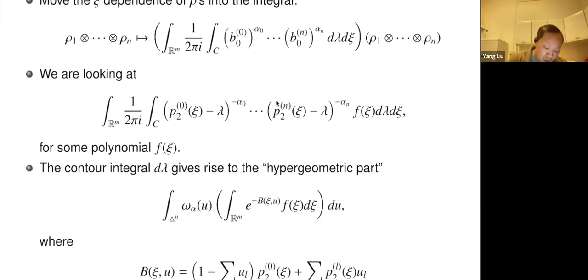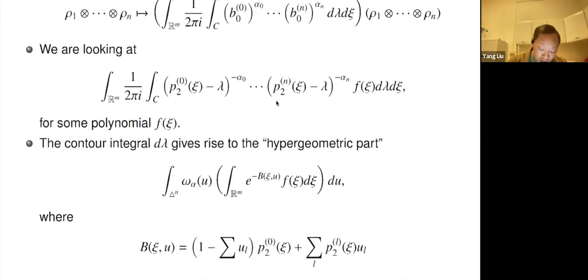If we have a lemma to deal with this contour integral, then integration in psi is simply a Gaussian integral, right? This is because B is a quadratic form in psi, a second order homogeneous polynomial, and then you have an exponential and a polynomial.